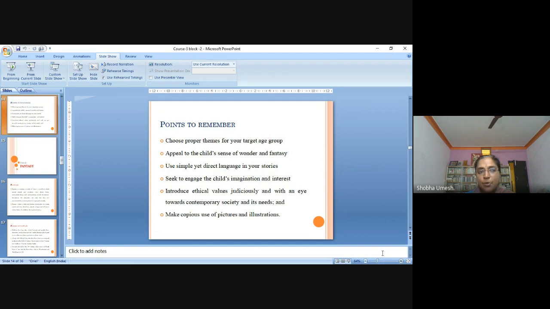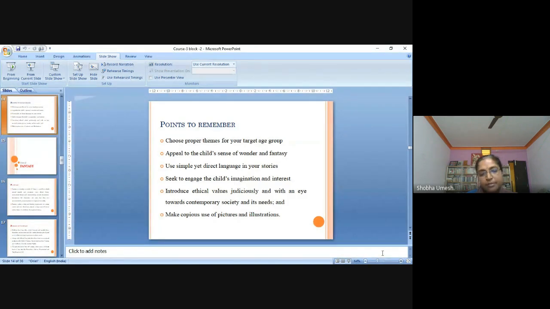And you have to make the child involved in the story. So you have to seek to engage the child's imagination and interest in the story. You should not drift out of the story or go away from the main storyline. Always keep the attention of the child in the story. In that way you have to move ahead in the story.